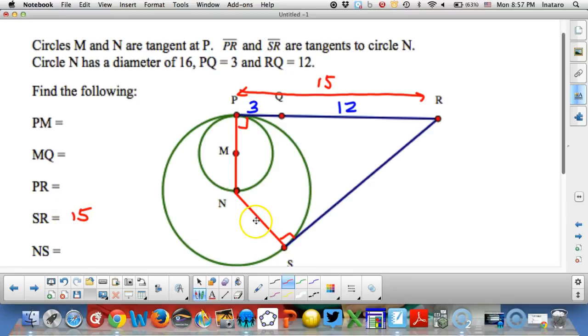NS is the radius of circle N, and since the diameter of circle N was 16, we know NS is 8.